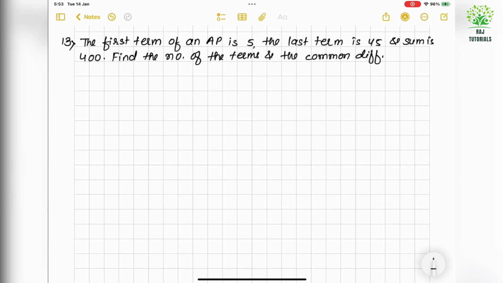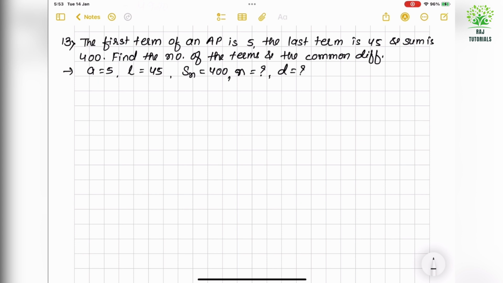Now the next question says the first term of an AP is 5. So I can say a equal to 5 and the last term l equal to 45 and the sum Sn equal to 400. Find the number of terms. So I have to find n and I have to find d.